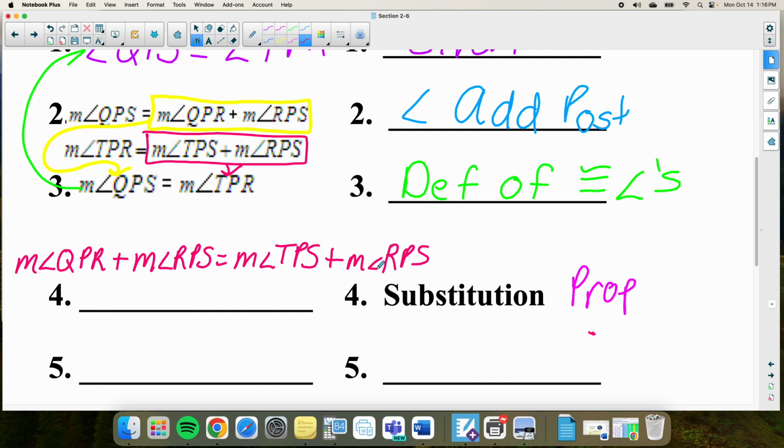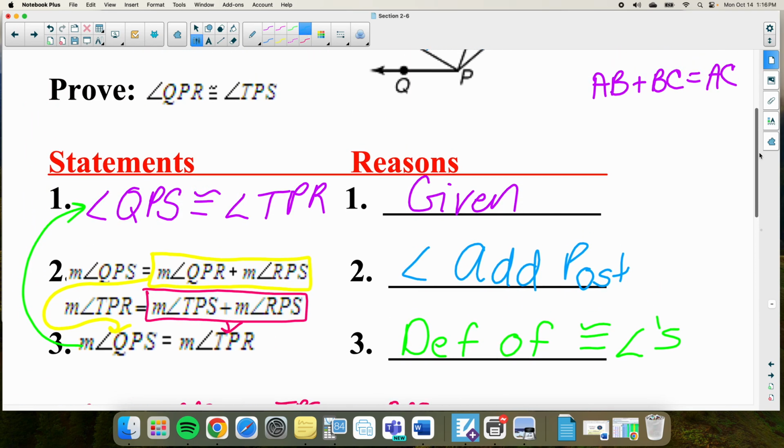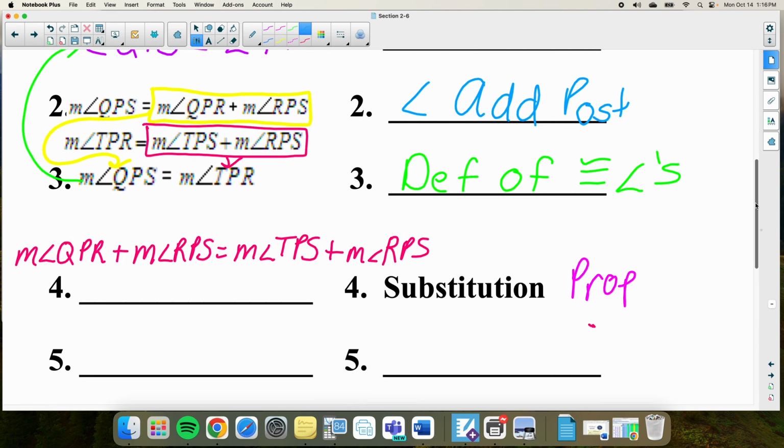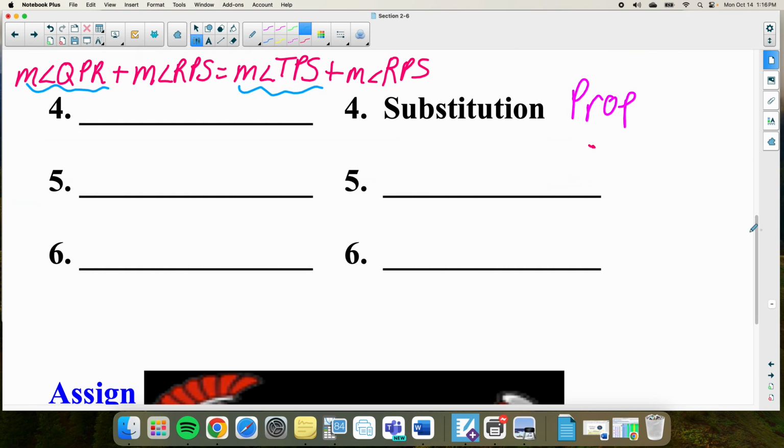Okay? So that's substitution. Now, if I look back at what it is that we want, QPR, which is right here, to equal TPS, which is right here. Can we do that? Subtraction, right? So we could say down here, the measure of angle QPR equals the measure of angle TPS by subtraction property.